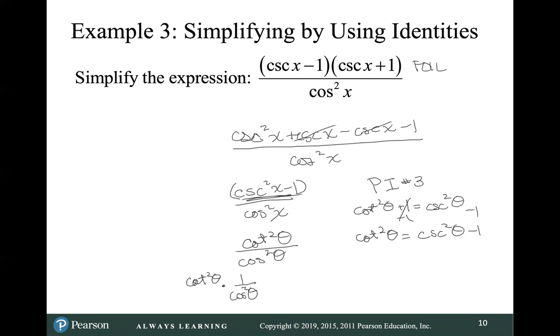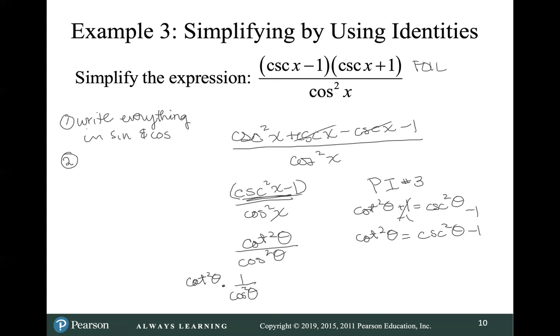A couple tips. If you get stuck, write everything in sine and cosine. Sometimes that's going to make it more complicated before it makes it simpler.